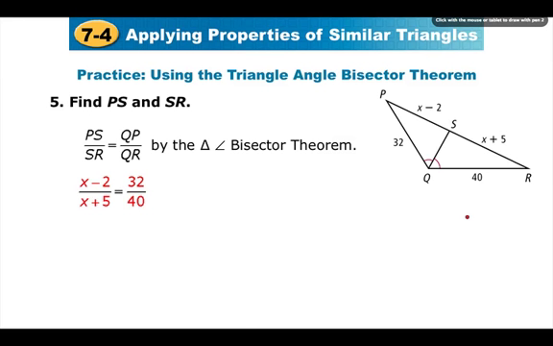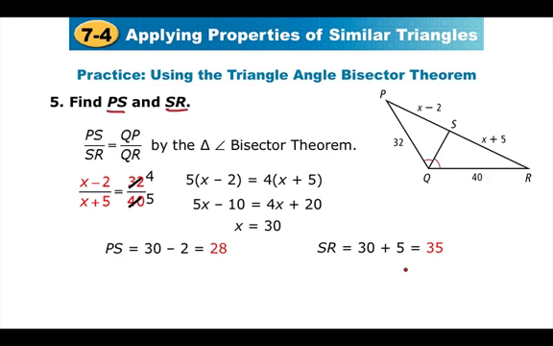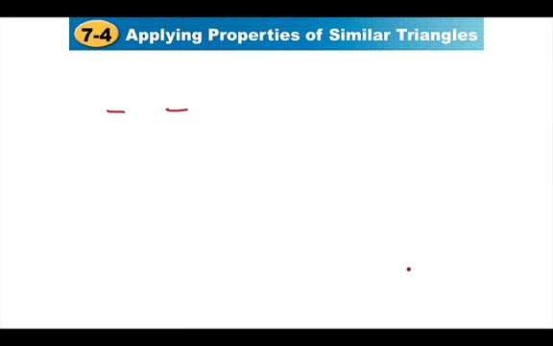At this point, before I cross multiply, there's a common factor, and once I divide, I get 4/5. The common factor is 8. Cross multiply, and then I distribute. Solve for x, and I get x equals 30. Am I done? No, I need to find PS and SR. So I go back and substitute x. PS is 28. SR is 35. Let's move on to the next slide.